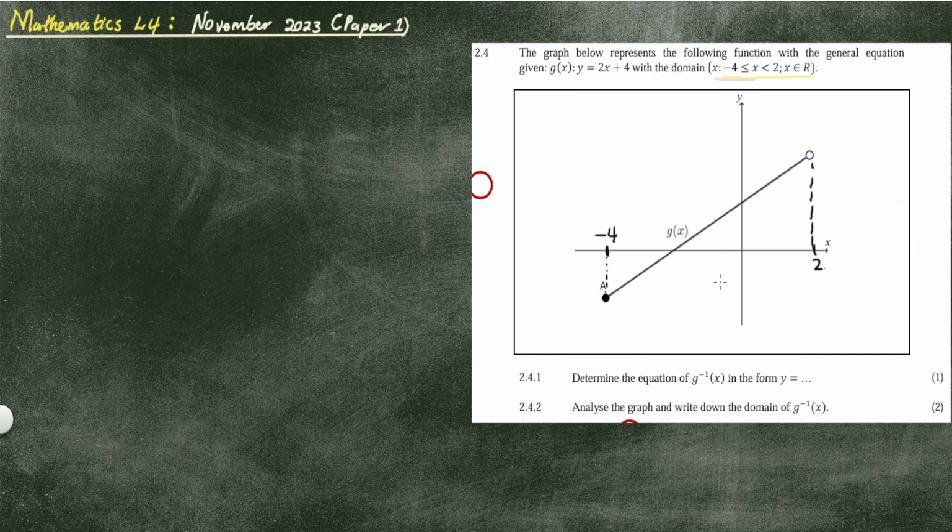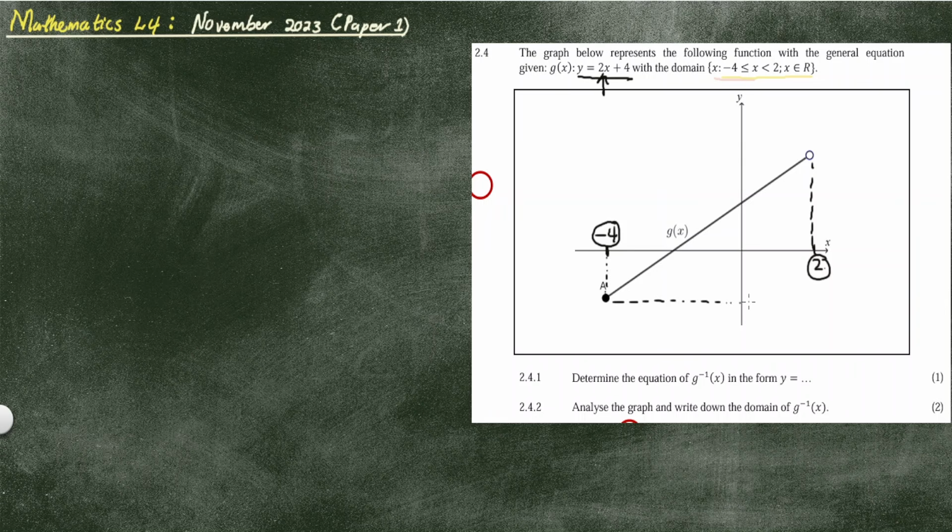Now let's map out the values, meaning let's get the corresponding y value for the x values. So in this equation, where there's x, I'm going to substitute minus 4, get the answer, and substitute 2 and get the answer as well. So 2 times minus 4, plus 4. I'm getting a minus 4.